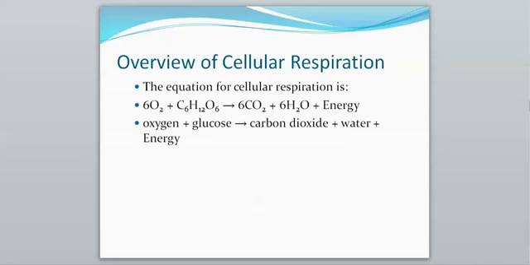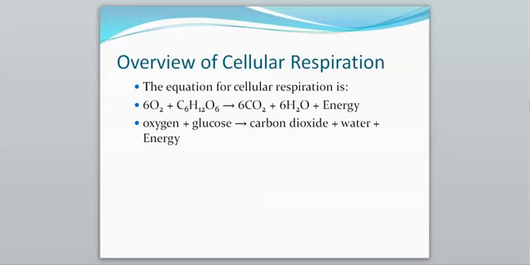The equation for cellular respiration is 6 oxygens plus glucose gives us carbon dioxide plus water and energy. If you notice, this is the exact opposite of the equation for photosynthesis. Humans take in oxygen and glucose, and we release carbon dioxide, water, and energy.